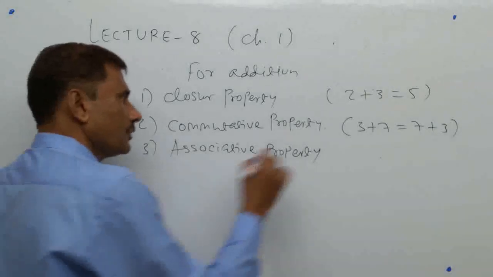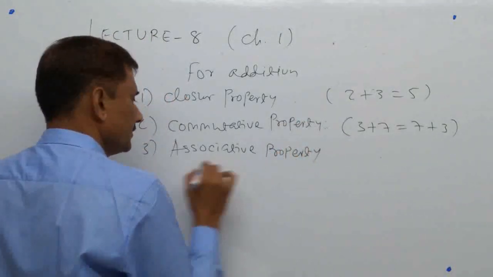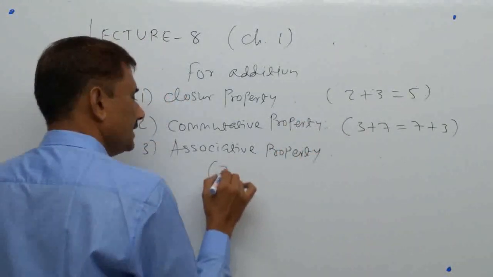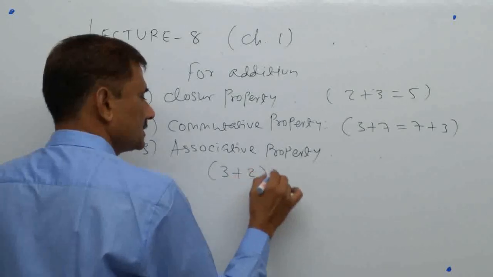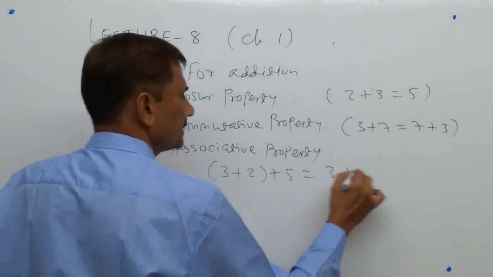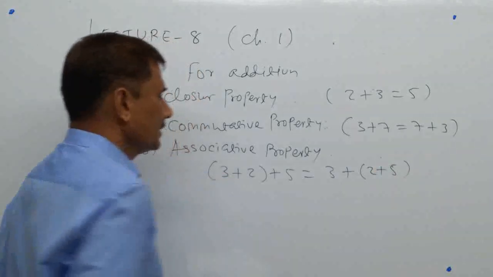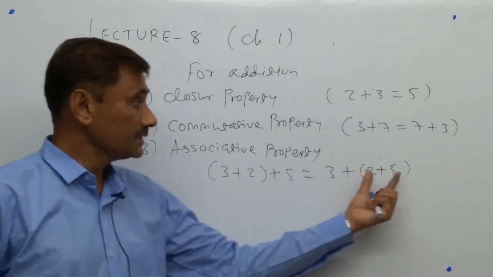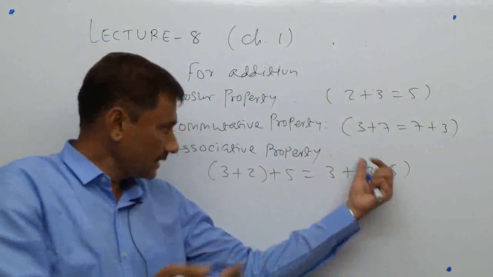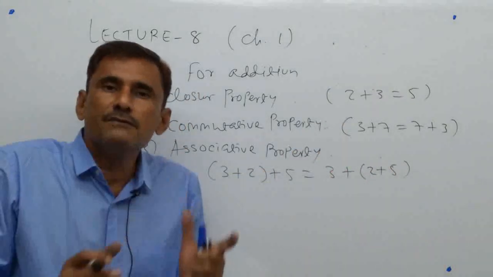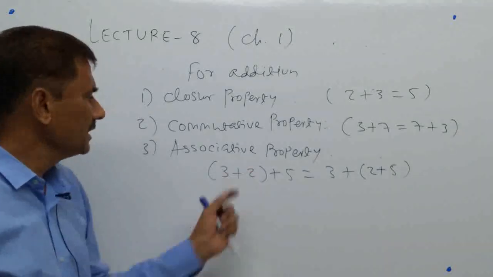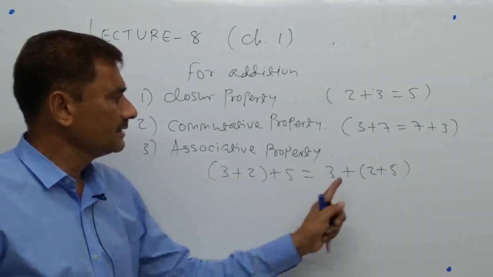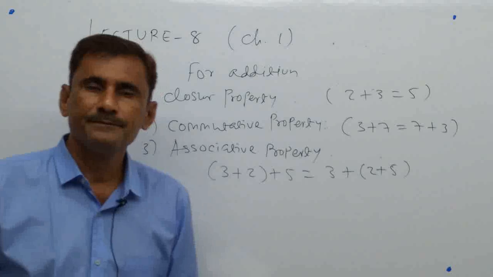Now associative property means what? I'm giving you an example. 3 plus 2 plus 5 equals 3 plus 2 plus 5. If you add the first two numbers, then add the third one, otherwise you can add the last two numbers and add to the first one. Anyway, the answer will be equal only. Here it will be 5, 5 plus 5, 10. 3 plus 7, 10.